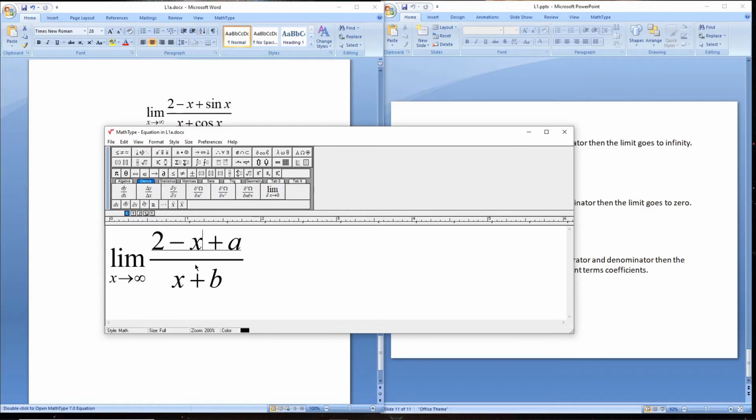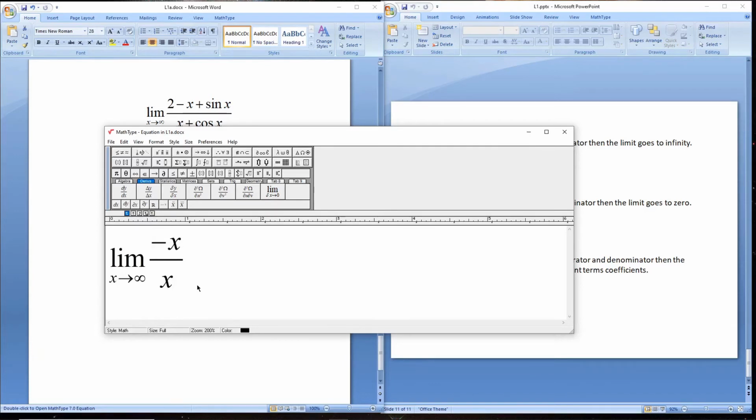As x goes to infinity, minus x here will crush sine into being negligible. And same with cosine. As x goes to infinity, so think of x being a quadrillion. Well, a quadrillion plus 1, insignificant, gone. And same with 2. What's 2 next to a quadrillion? 2 is insignificant.